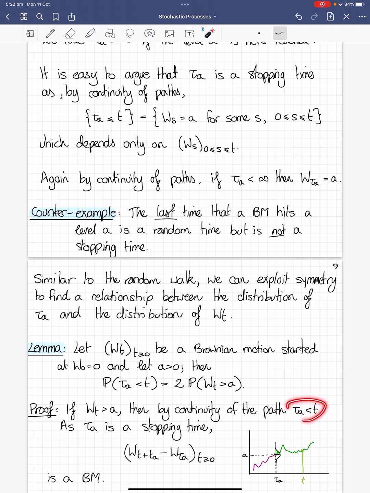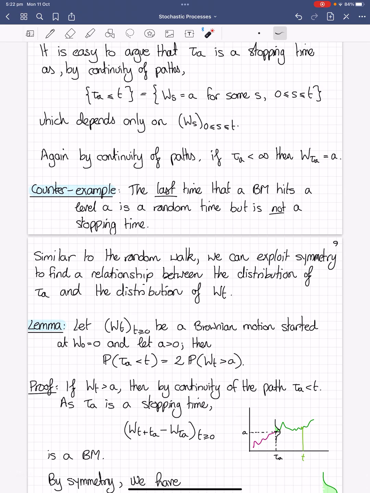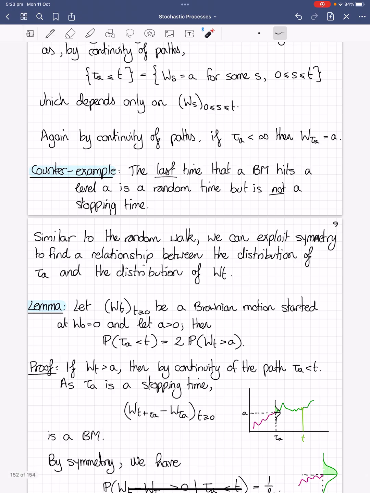And that basically means that tau A is before t. And since tau A is a proper stopping time, then the increment of the Brownian motion past, it's a bit of a typo, that should be tau A, so the distribution of the Brownian motion past time point tau A is going to be a Brownian motion in itself.